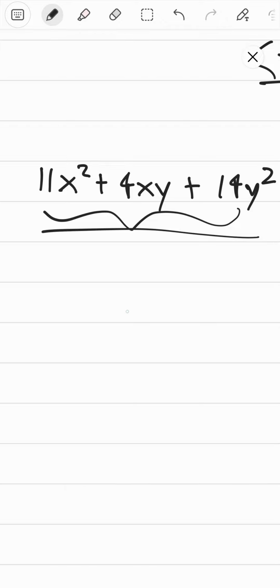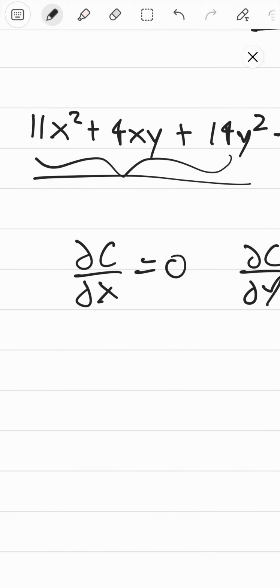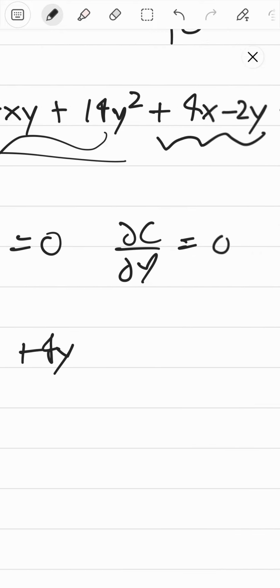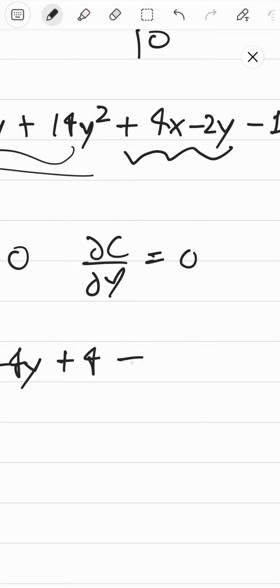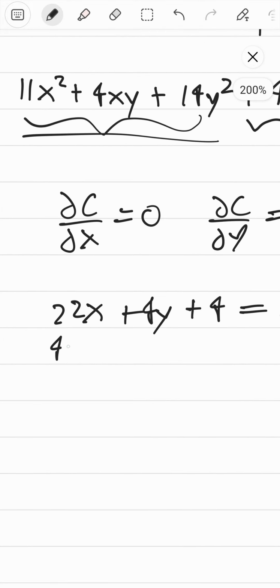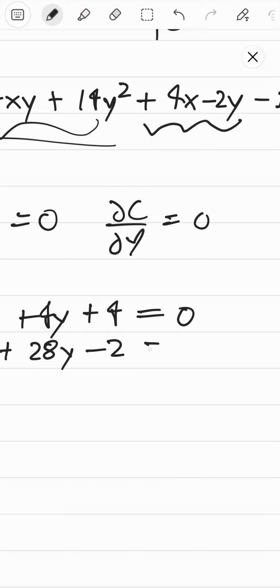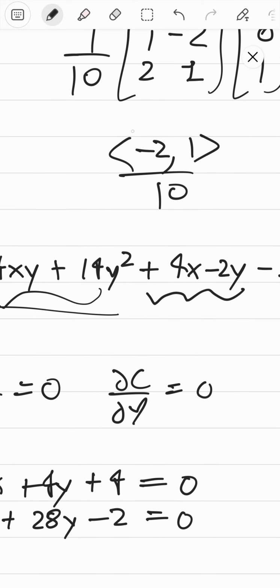So the condition for the center is basically partial c upon partial x equal to 0 and partial c upon partial y equal to 0, right? So for that, you just have 22x plus 4y, plus 4 equal to 0, and 4x plus 28y minus 2 equal to 0. And I just have to see whether or not these things work.